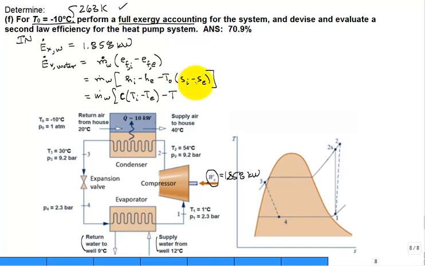And then what about the change in entropy from inlet to exit? Well, that'll be the same C, specific heat, 4.2 kilojoules per kilogram Kelvin, multiplied by the natural log of the ratio of the temperature.